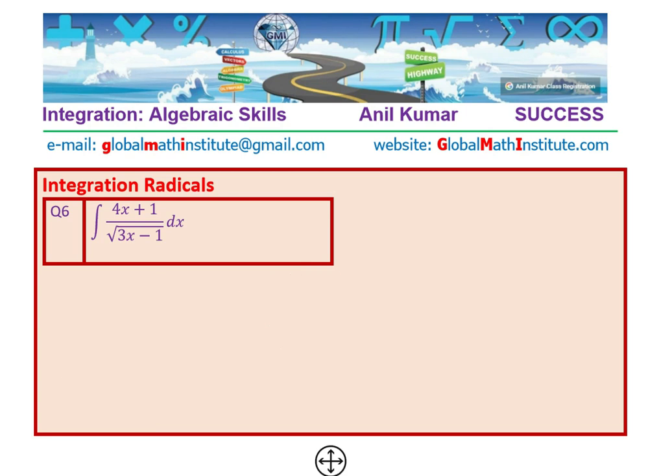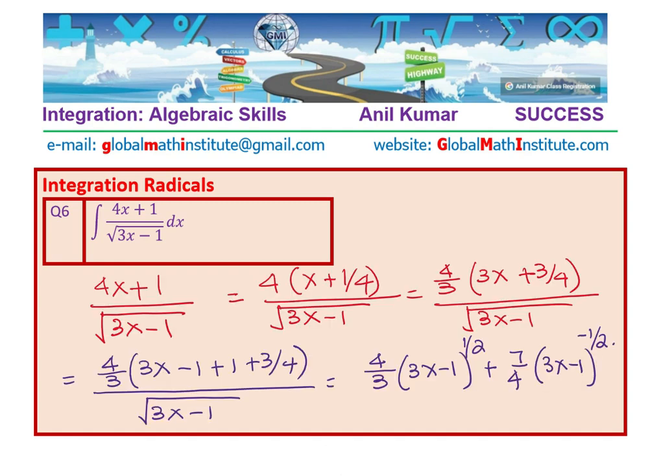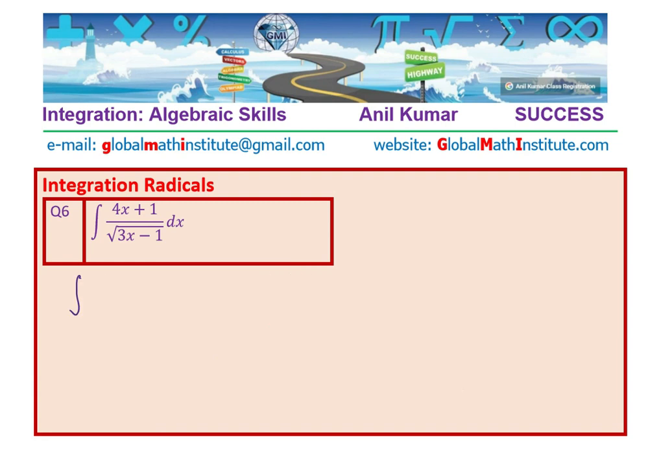So we wrote this integral as equal to, let me see back, 4 by 3 and 7 by 4 are the two terms, right? So we have 4 by 3 of 3x minus 1 to the power of half, right?